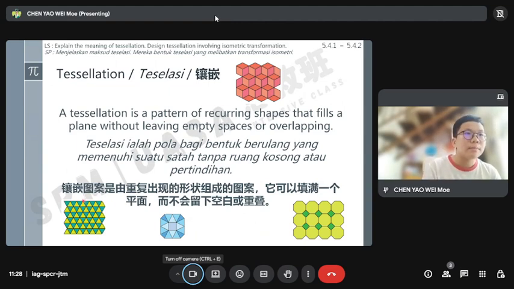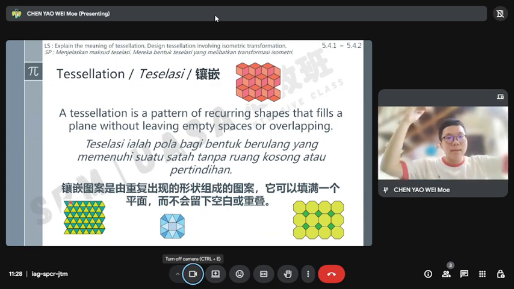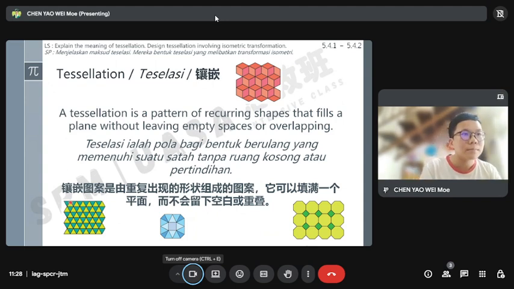Like this, all the direction is same. If this one goes down, this one goes down. If this one goes up, it goes up. Same color, same direction, but here you have one shape that is not a tessellation.